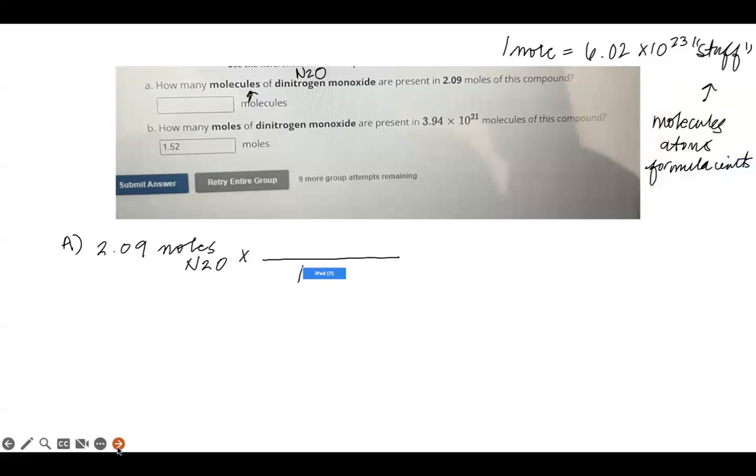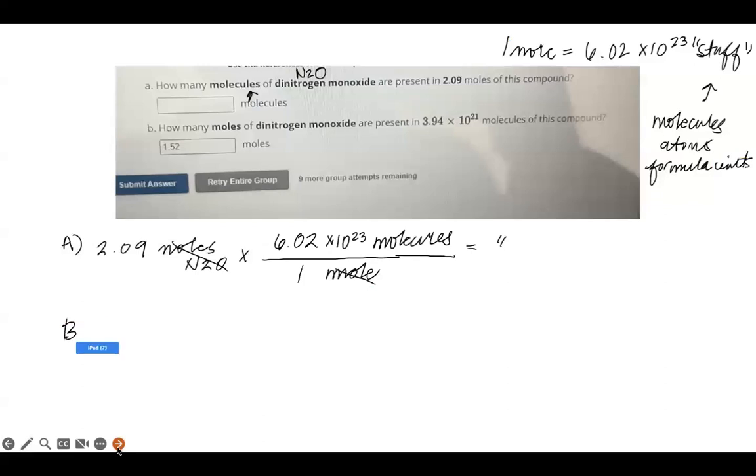So I want 1 mole on bottom because I want my moles to cancel out, and Avogadro's number 1 is associated with the mole. And then I'll put 6.02 times 10 to the 23rd molecules on top. And then now we're in molecules, which is what it's asking us. So it's just a matter of plugging that into your calculator.